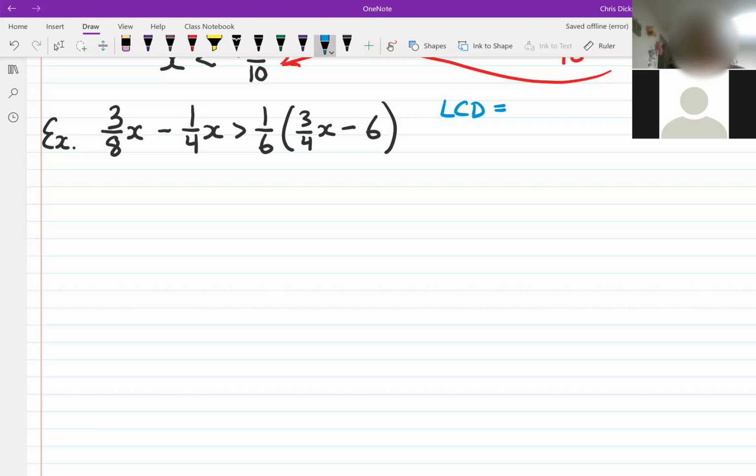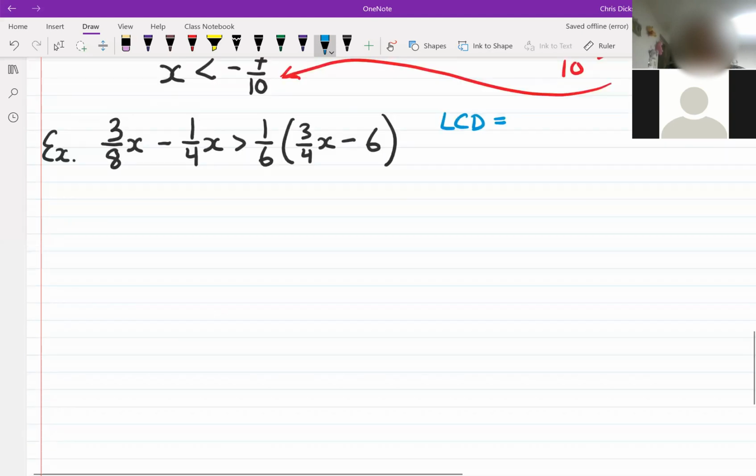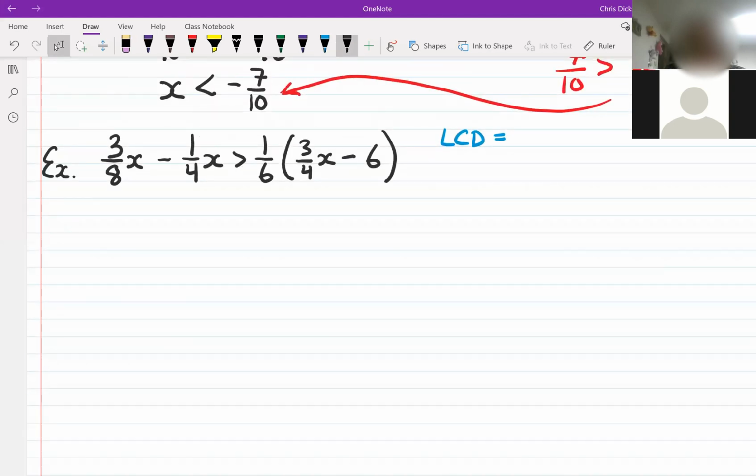Now, what I might do just to check the LCD here is I'm going to do some distribution of the second set of brackets, or the brackets on the right hand side. So I'm just going to rewrite this as 3 over 8x minus 1/4 x bigger than, now 1/6 times 3 over 4.